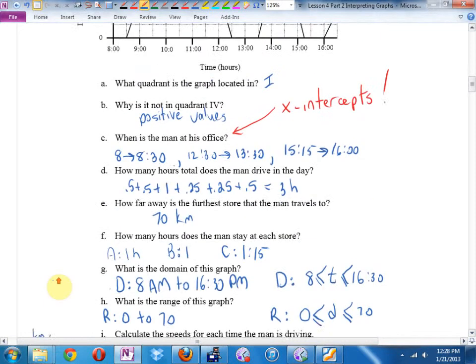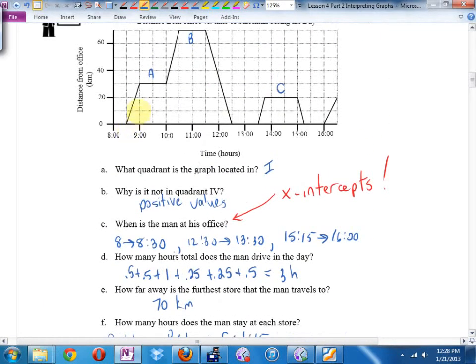So for the first little journey before A, right there, how far does he travel distance-wise? Let's call this drive 1, drive 2, drive 3, drive 4, drive 5, and drive 6.